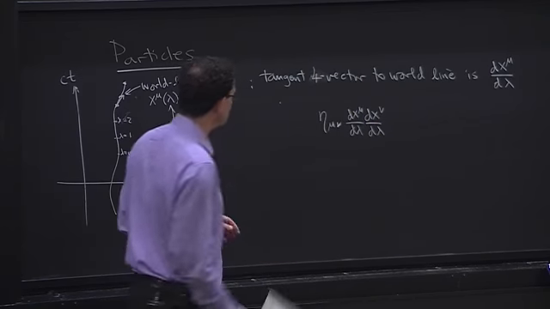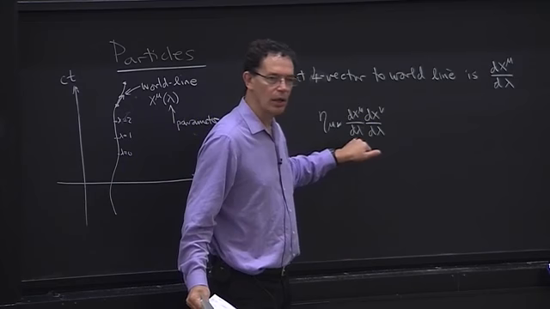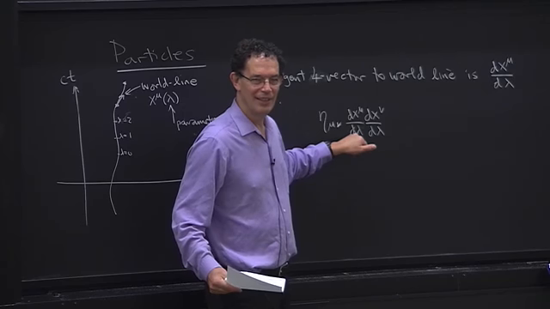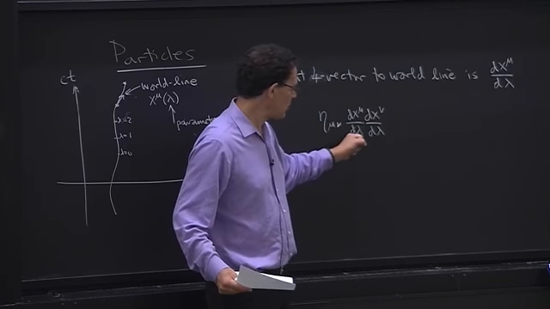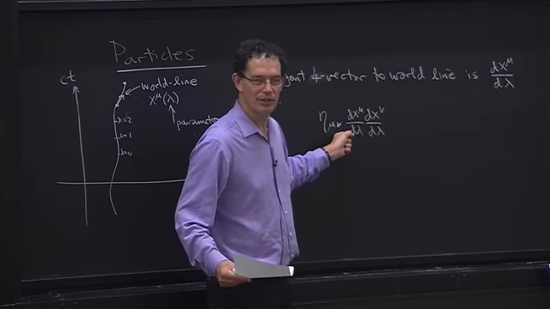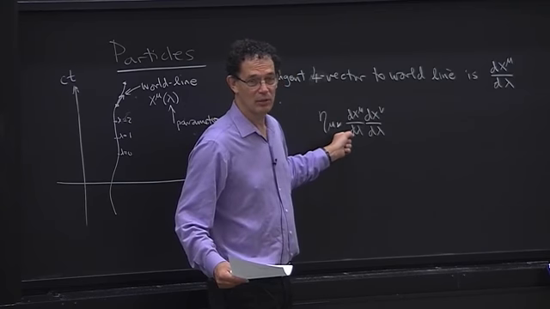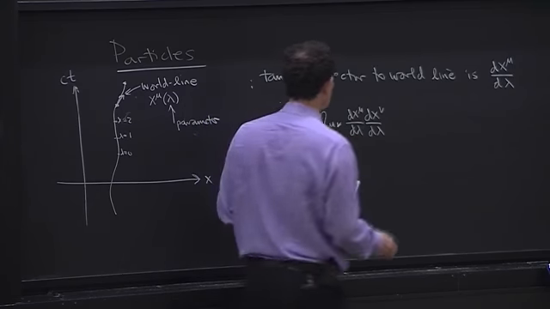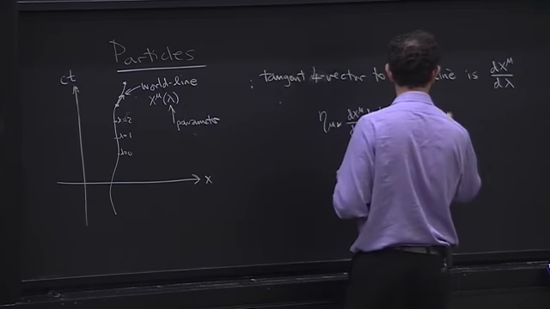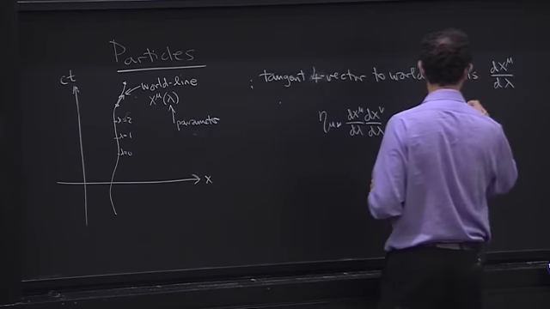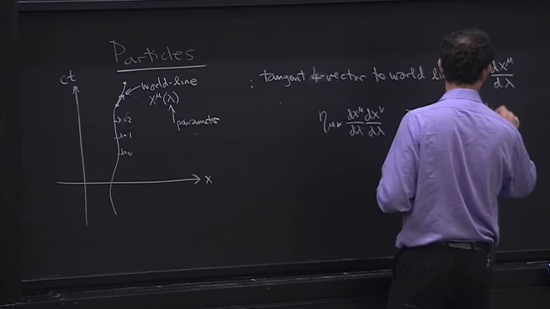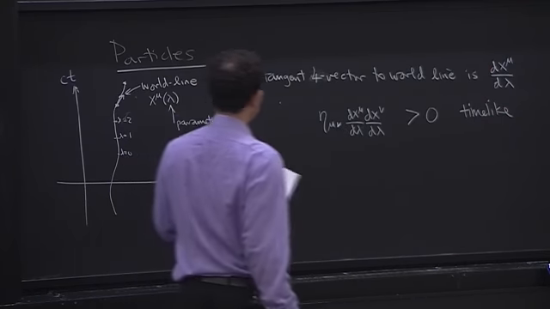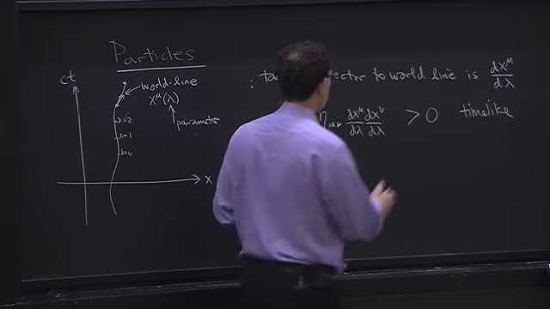You see, in an expression like this, the λ is coming in squared. And so if I change λ, I'm going to change this expression by the square of some function. So I'm not going to change its sign. Whatever I do, I won't change the sign of this expression. Now, negative is time-like.